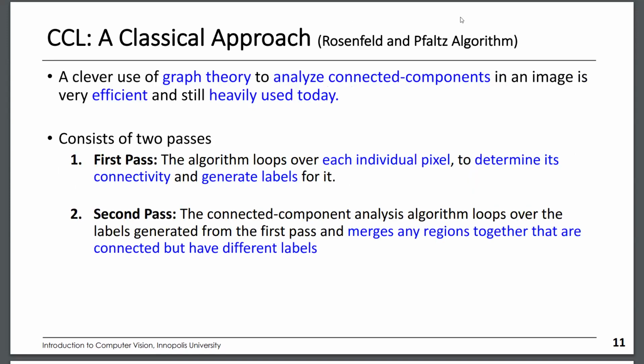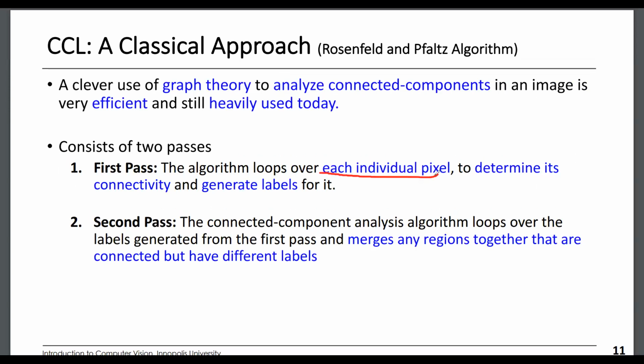In the first pass, a very basic pass, each individual pixel is given its own label, or if it's connected to a previous label, it's given that previous label. For example, I found a 1 in this pixel, an activated pixel, and I didn't find anything connected to it from what I've done before, so I give it label 2.